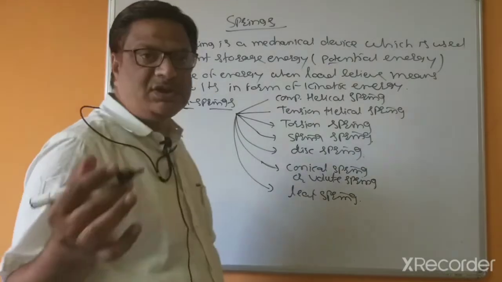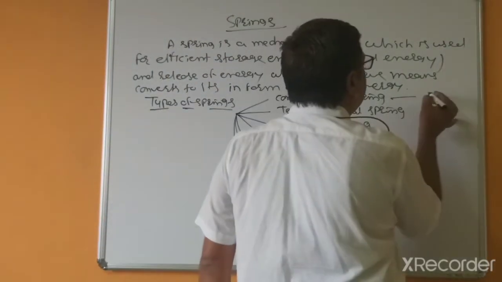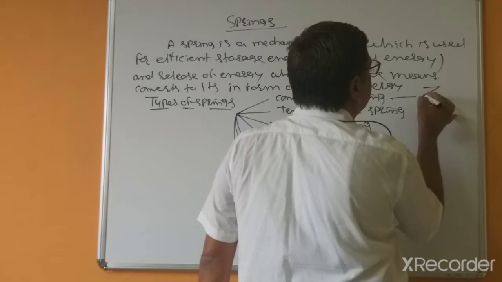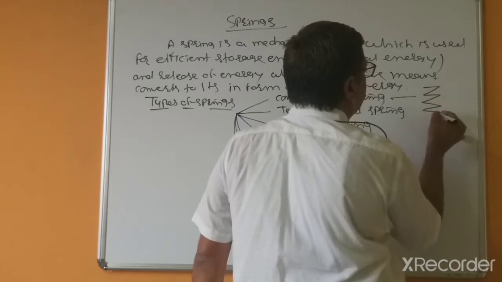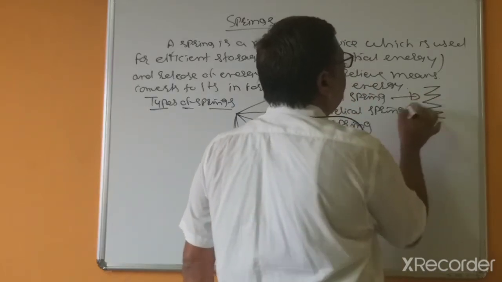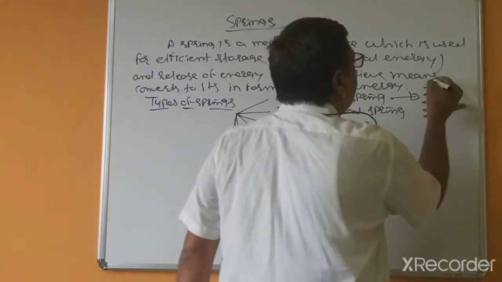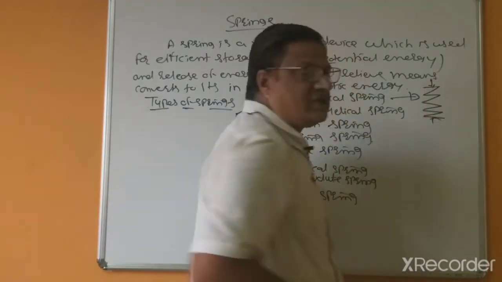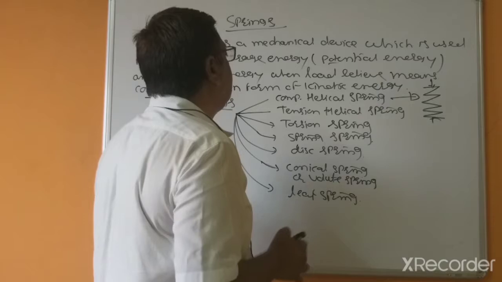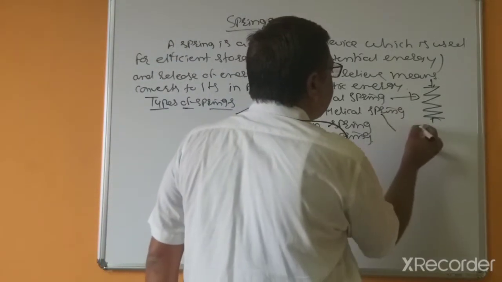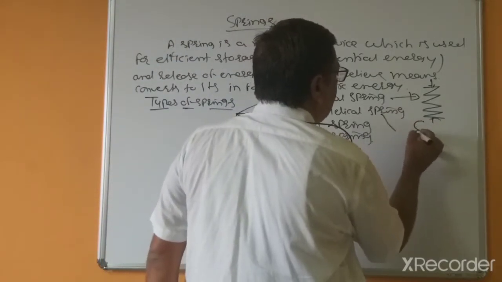Helical compression springs have this shape, and load can be applied. Such springs are called helical compression springs. In tension springs, hooks are required.